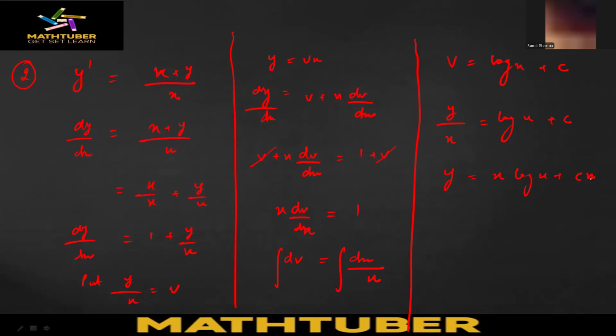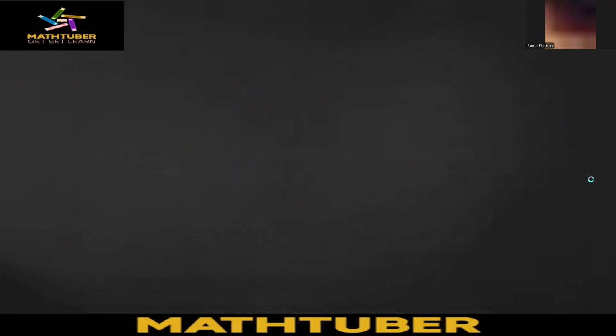Now let us move to the next question. Let us do the sixth question now. So sixth question is x dy minus y dx equal to under root of x square plus y square.